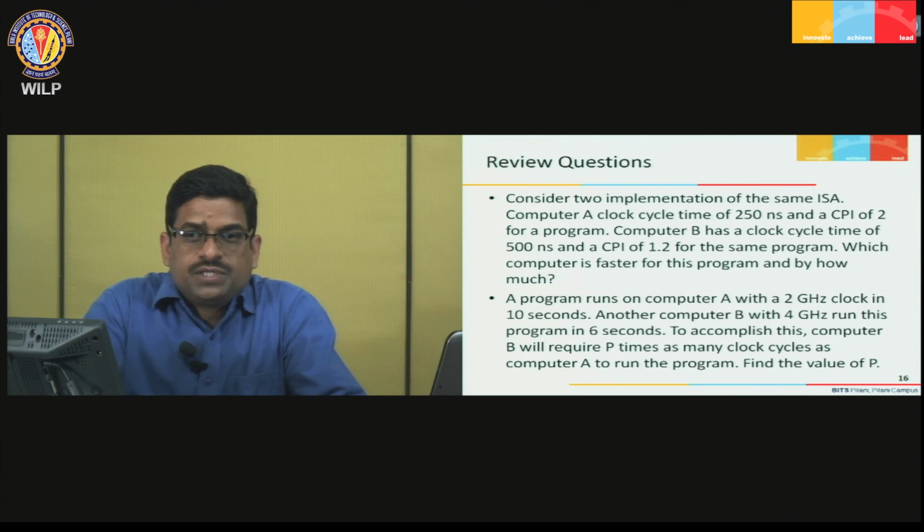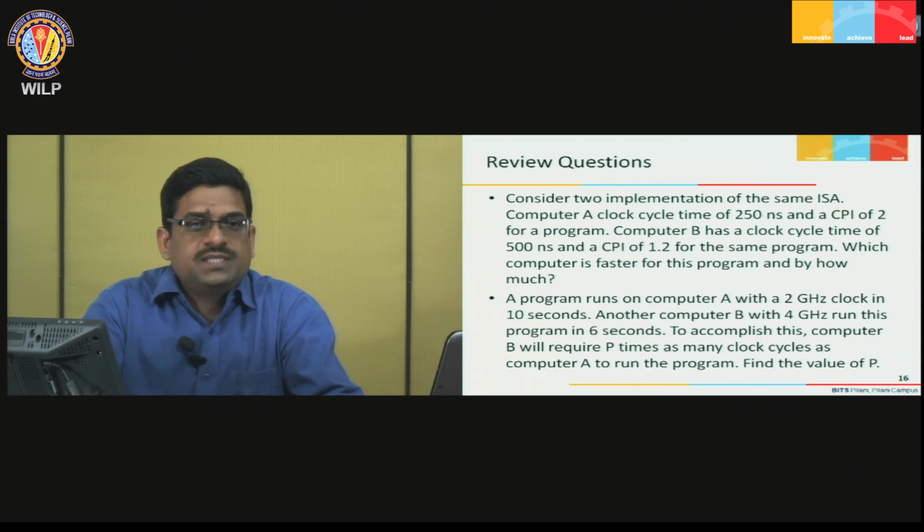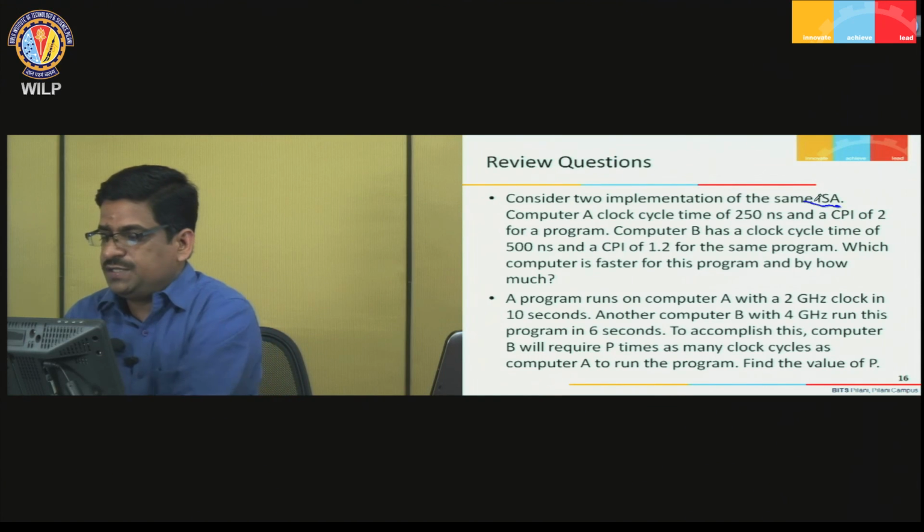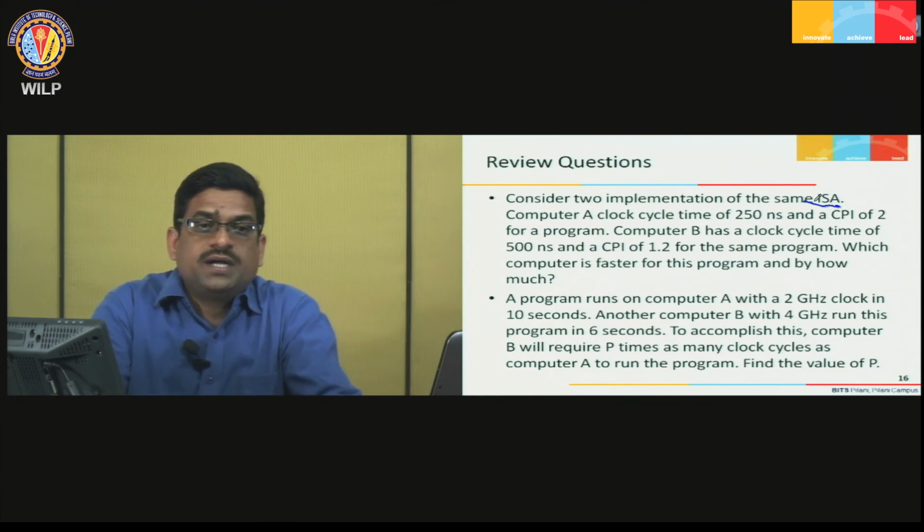So, now come to the review questions. The first question is to consider two implementations of the same instruction set architecture. Here I am saying that the ISA is the same, so the execution time is a valid thing to compare the performance of these two computers. Computer A has a clock cycle time of 250 nanosecond and a CPI of 2 for a program.